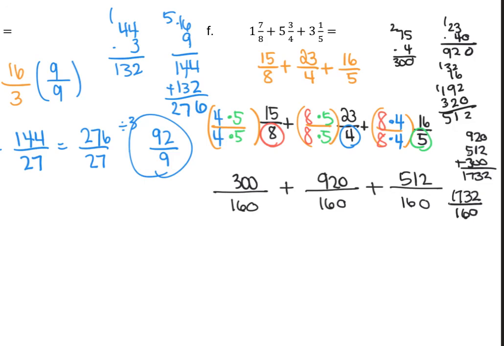They're both even. So I get 866 over 80. So in half, I get 433 over 40. And I think that is going to be how far I can take it.